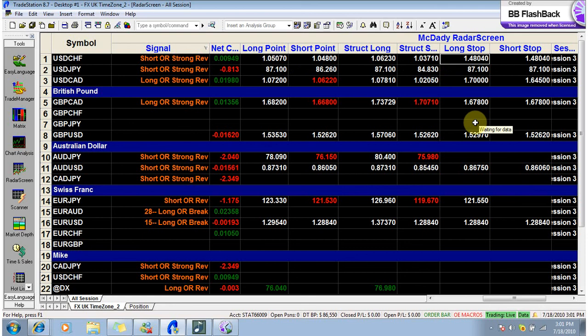And we're going to go short below the 148, and in this case we're going to place the stop above the 148. Our structure long is the 106.23, and our structure short is the 103.71. Okay.